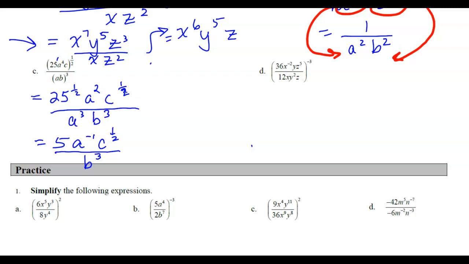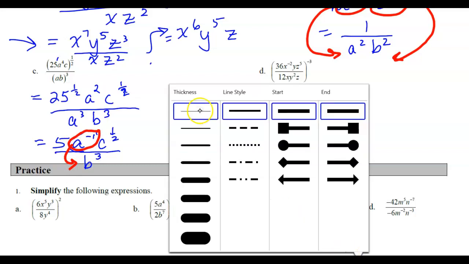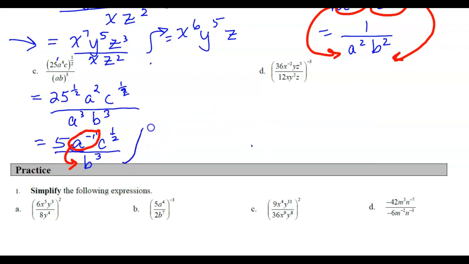So this just has to go in the denominator. And I don't need to show it with a positive 1.